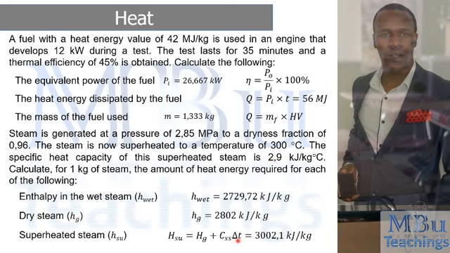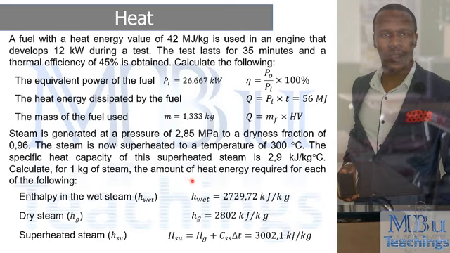Now, when you were calculating this, you went to this pressure, you looked for the HF and the HFG. Then you substituted in that formula sheet, because X is given, which is the dryness fraction.